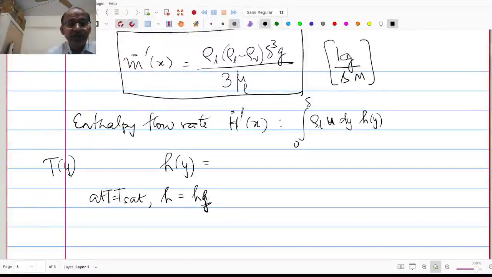And if the wall temperature is less than T sat, then in the liquid film you will have temperatures between T sat and T wall, which is lower.